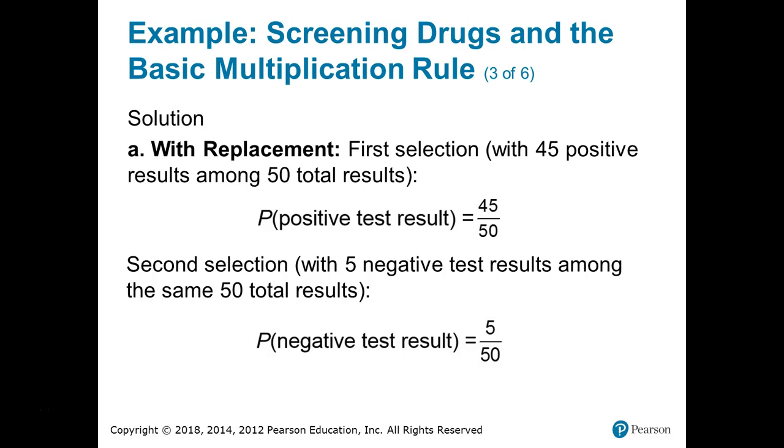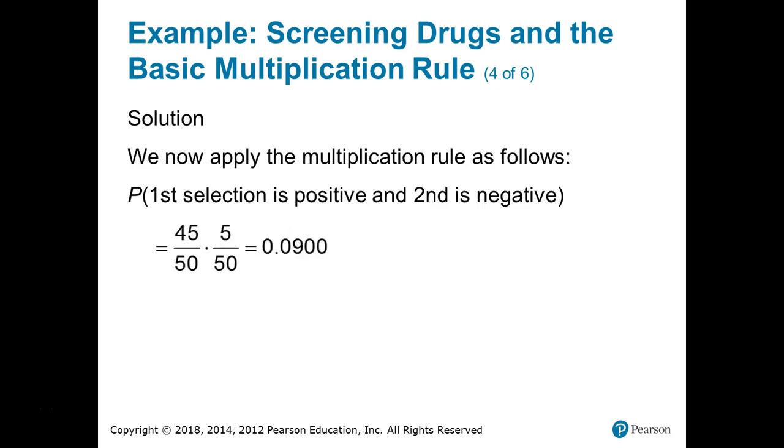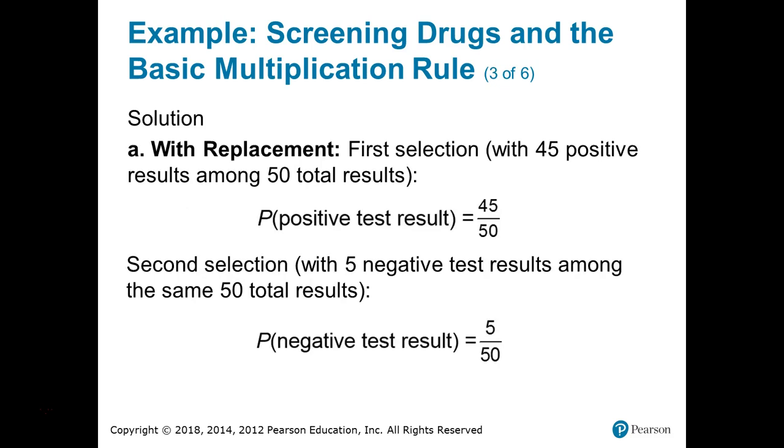And since it is with replacement, we are saying that these are independent. So the second selection, which is 5 negative results among 50 people, is going to be 5 over 50. Now apply the multiplication rule, since we are dealing with independent trials. Without replacement would be dependent.